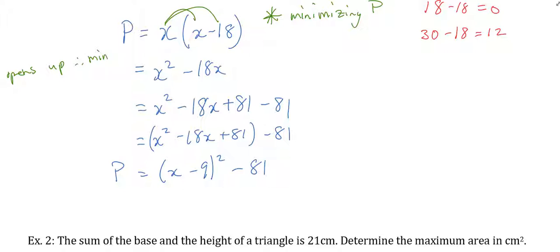It's shifted right 9 and down 81. So the min is negative 81. And it's when x, what's that? Yeah, x equals 9, because we shifted right 9 since it's x minus 9.